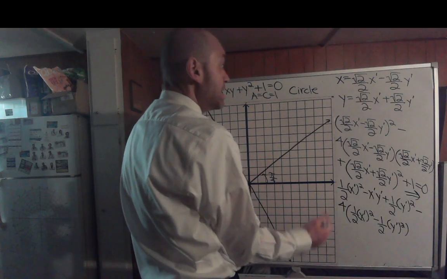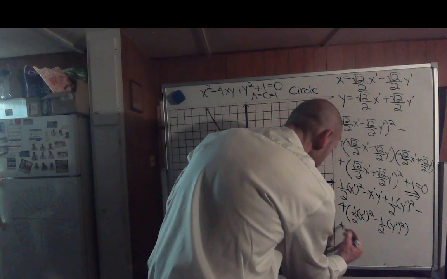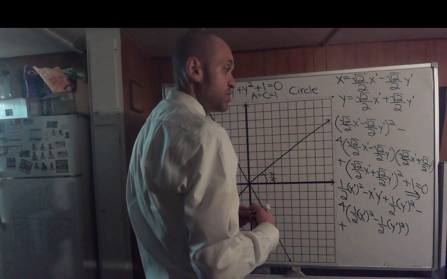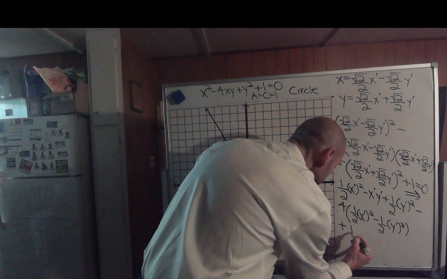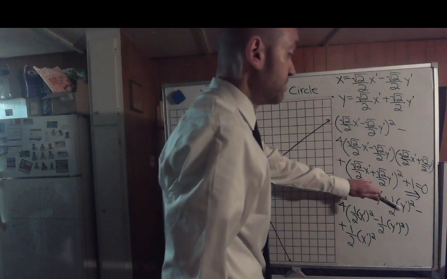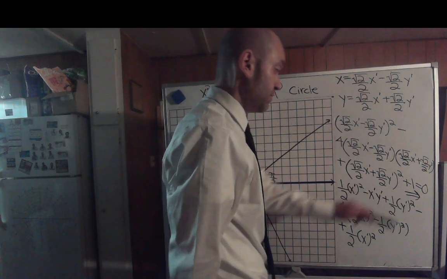Let me denote what I'm doing here. Then we still have plus the y squared, so that'd be this value for y. So if we square the first term, square root of 2 over 2 squared gives you 2 over 4, which would be plus 1/2 x prime squared. Then you take the two terms, multiply them, then multiply them by 2.